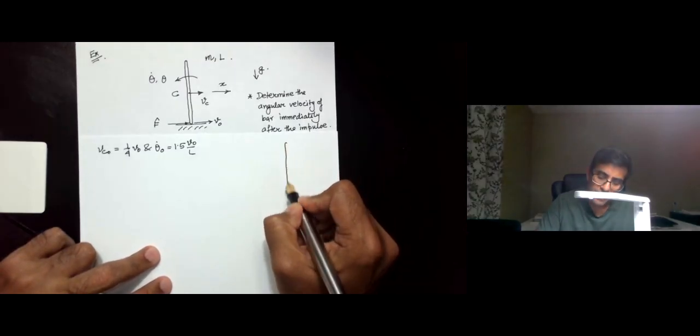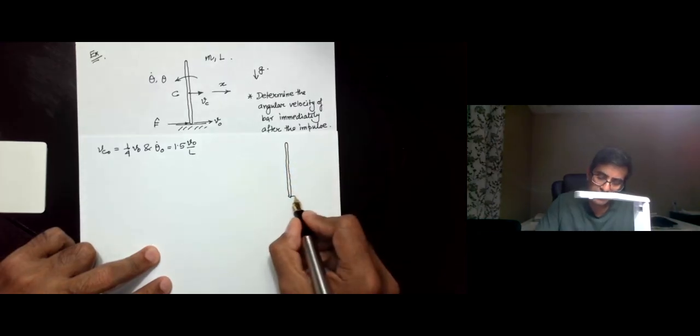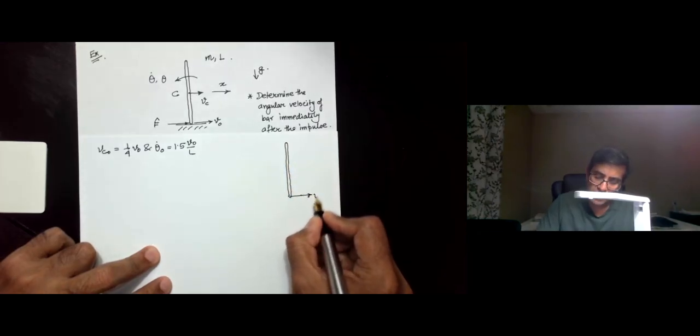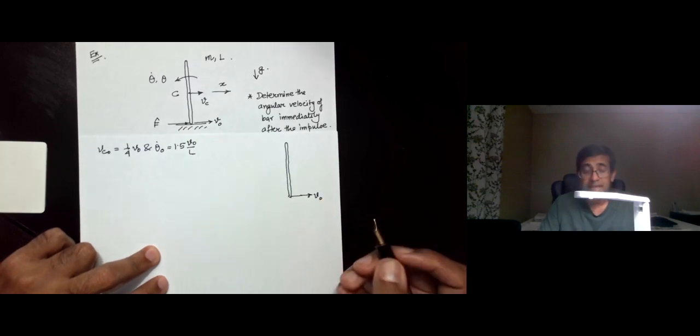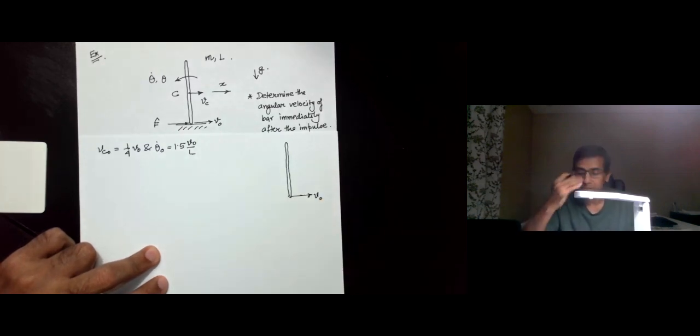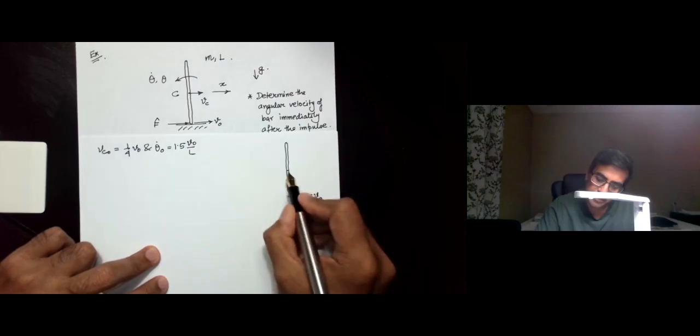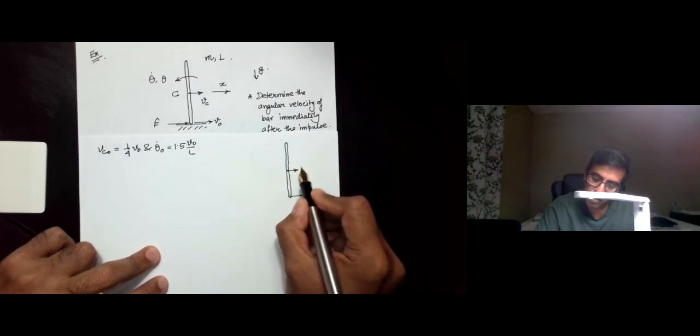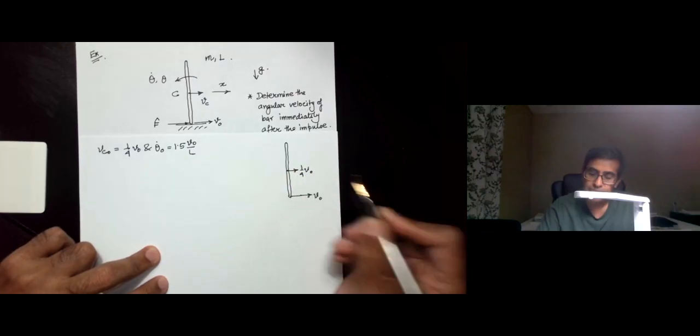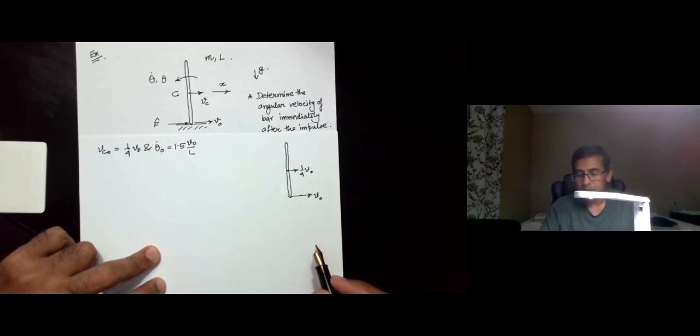You see that the bottom has a velocity of v naught, as a result of this impulse. The center has a velocity of 1/4 of v naught, right?